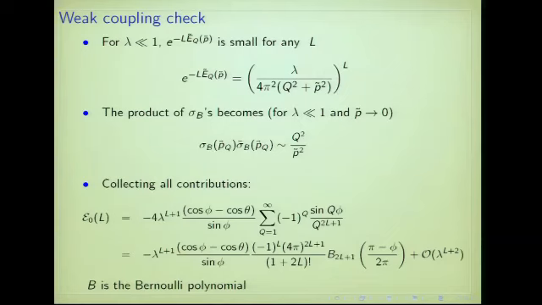Then if you evaluate, this is complicated, but you can evaluate it just for small lambda and for p going to 0, and this is essentially a double pole that is going to mediate in this exchange. So what you have to do to compute the ground state energy is to compute the coefficient.